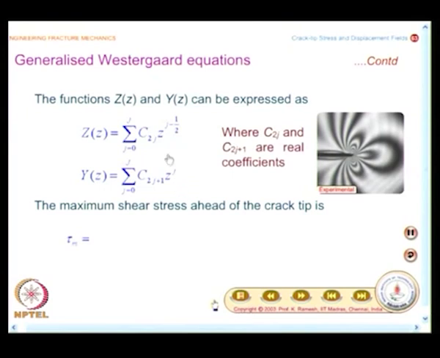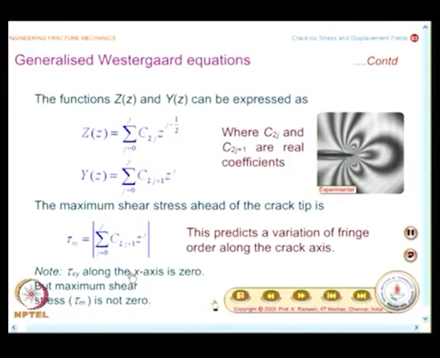Sanford pointed out that you need to necessarily bring in a function capital Y of z. This is also given in a series form. This is given as sigma j equal to 0 to capital J, C 2 j plus 1 z power j. So, if you look at the first term, it will be like your sigma naught x, and you have higher order terms. In the case of the Z function, the first term is a singular term, then you have higher order terms.